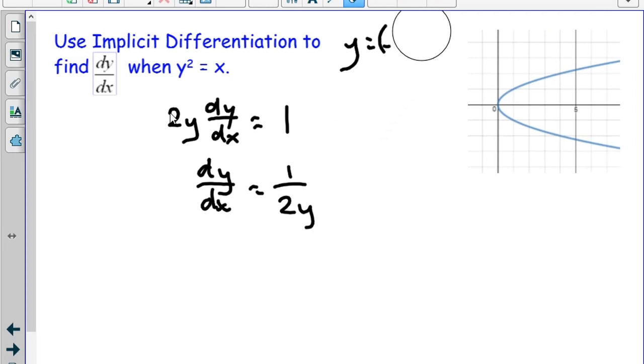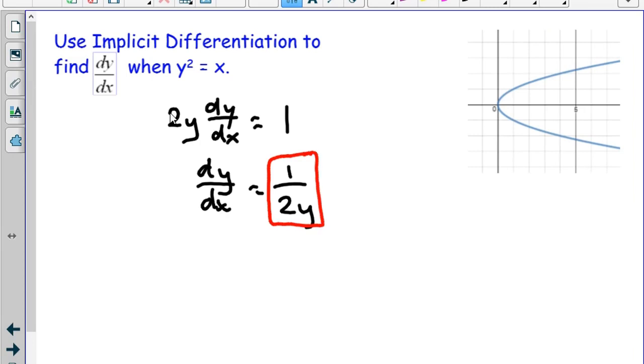But it's way easier to do this problem as an implicit problem, because now if I take this as my dy dx, I can look at all of my y values where y squared is equal to x, and then I can get appropriate answers. So if I'm trying to find what x is, for example, earlier we had when x equals 1 and x equals 4.